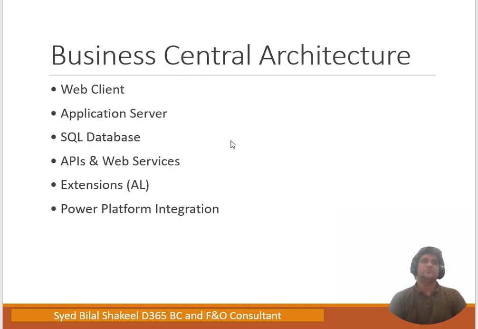It runs in the background. The SQL database is where our data is stored. APIs and web services provide endpoints for third parties. We can consume them using REST APIs. We will cover all of them in this tutorial.